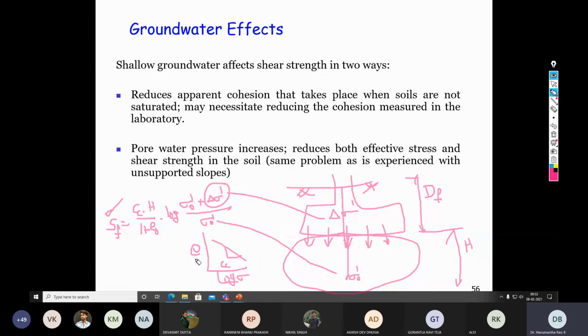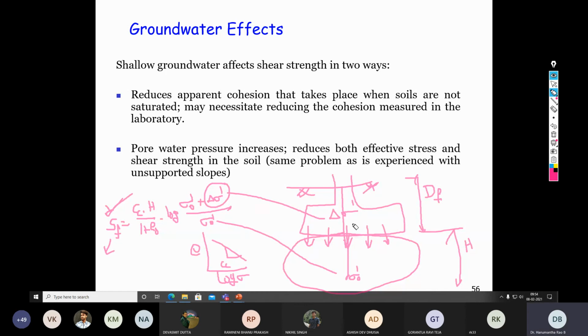So any value that you get without delta sigma is called self weight consolidation. But when you construct a footing within the soil, you are imposing an additional load, that is this delta sigma. And because of this delta sigma, there is a change in the settlement. And this settlement should not exceed a certain value.